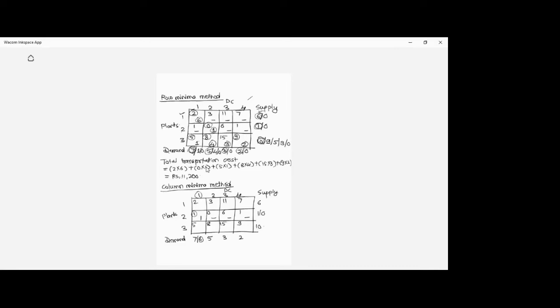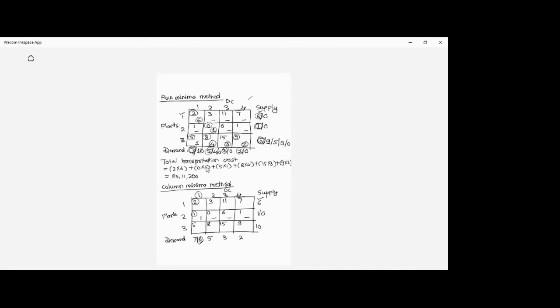Now we'll identify the cell which again has the least cost in the same column. We are done with cell 2-1. Now we identify the cell having the least cost in the same column. That particular cell is this one, right? Here I have to allocate the maximum milk. For the supply constraint I have the value as 6, and for the demand I have the value as 6.